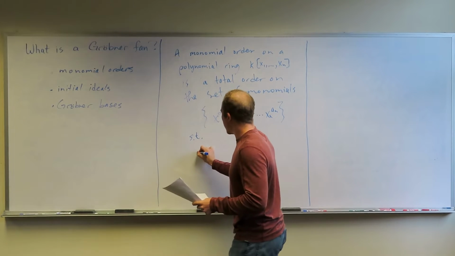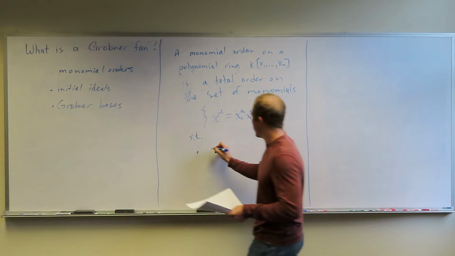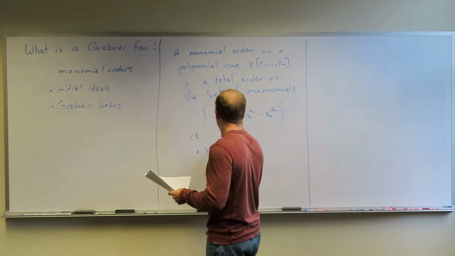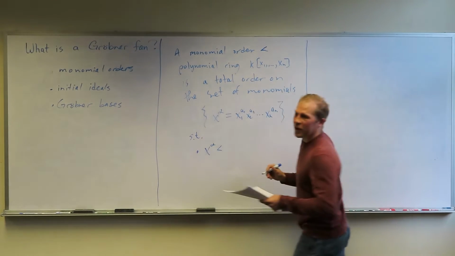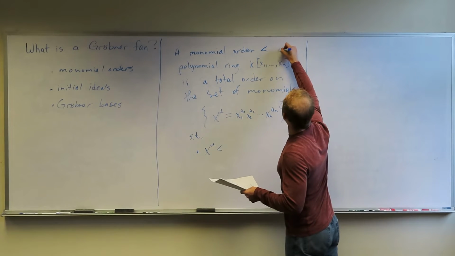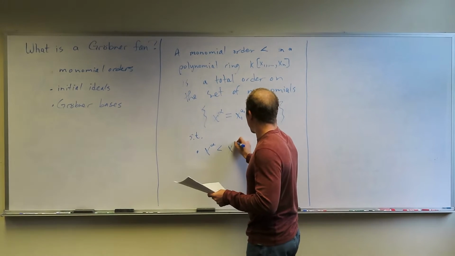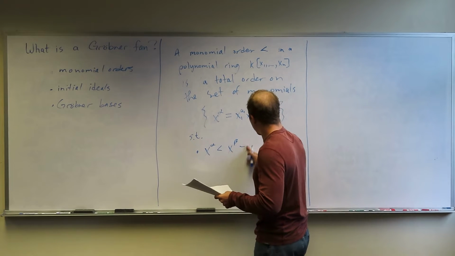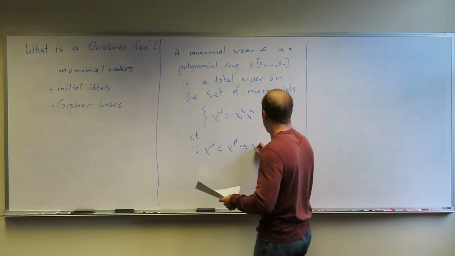the first thing that I need is I want this monomial order to play well with multiplication. So if I have some monomial order denoted with the less than sign, and I have x to the alpha less than x to the beta, then I don't want this order to change if I multiply by x to the gamma.